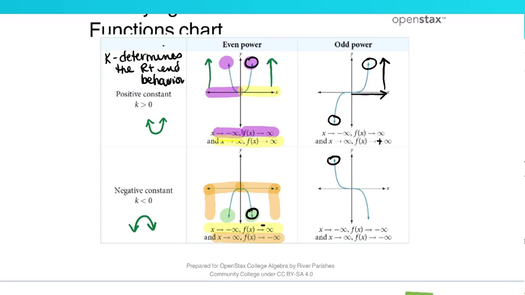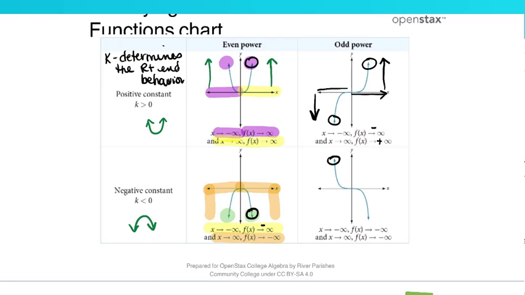And there was a light negative sign there, and that was incorrect. So as x approaches infinity, f of x also approaches infinity if k is positive. As x approaches negative infinity, f of x approaches negative infinity. Okay?